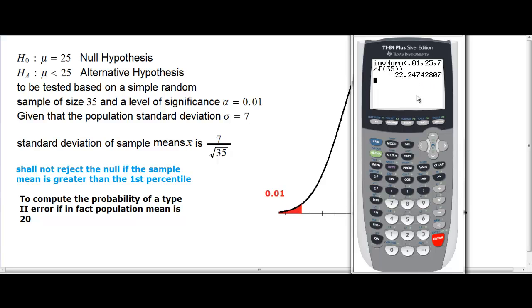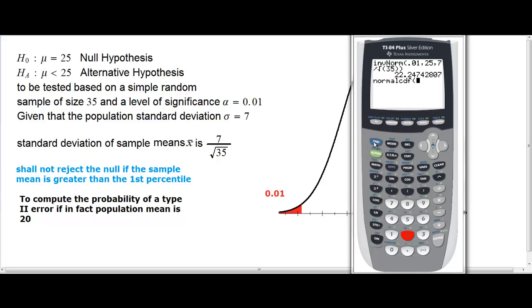So if it is greater than 22.25, then we are not going to reject the null hypothesis. This time we are going to the right for the non-rejection region.